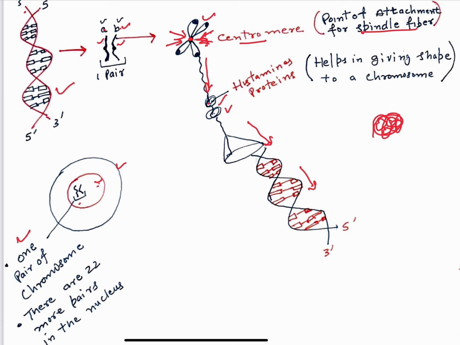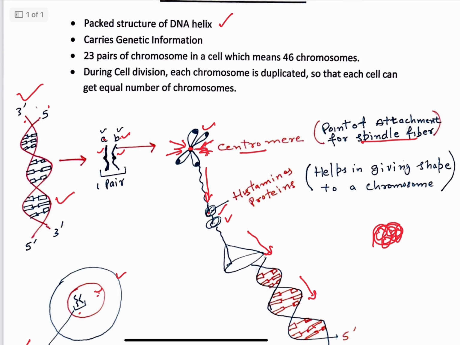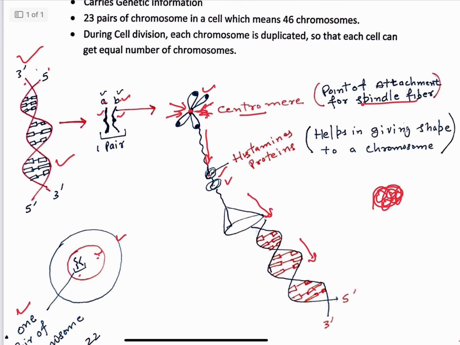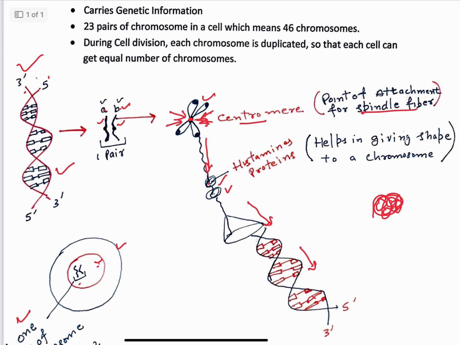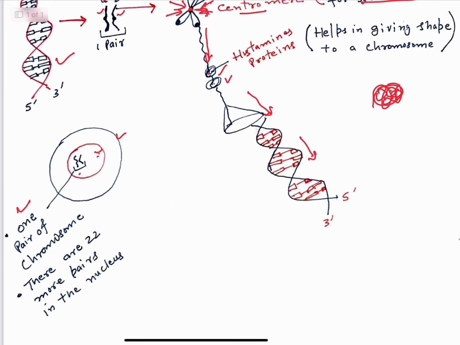I just explained a little bit of cell division, how they get duplicated, and you've got to keep in mind there are 23 chromosome pairs in a nucleus, and during cell division they all get duplicated, and chromosomes carry genetic information, genes. So the combination of those genes is right here.